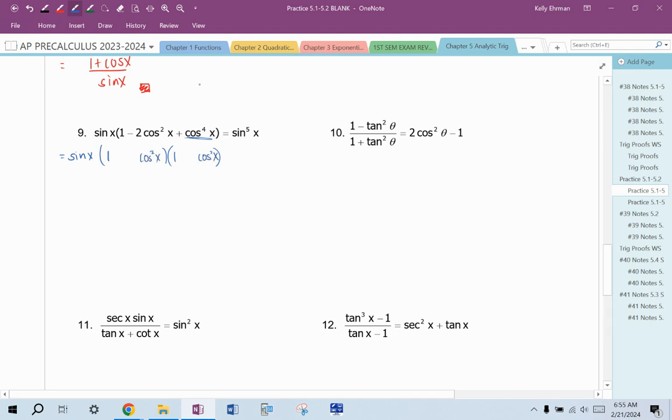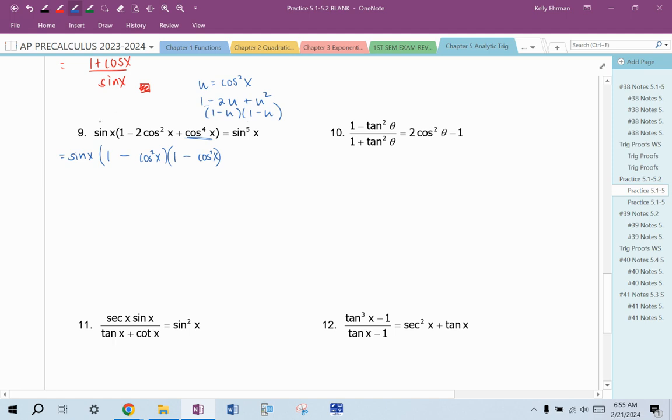Remember, if you get confused by this, you can use any letter you want, but we often use u. So let's say that u is equal to cosine squared x. So this would be like 1 minus 2u plus u squared. How would you factor that? It'd be 1 minus u, 1 minus u.